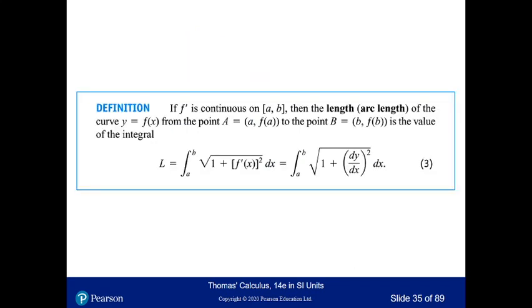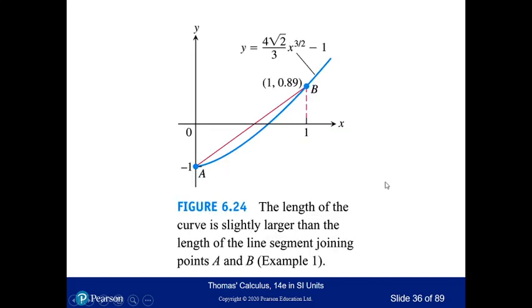Then if you multiply that by dx, you're going to get the actual length of the curve between the points capital A and capital B. So we have this f prime, you can consider it dy dx, the derivative. So from A to B, the square root of 1 plus the derivative of y with respect to x, squared, dx is going to give you that.